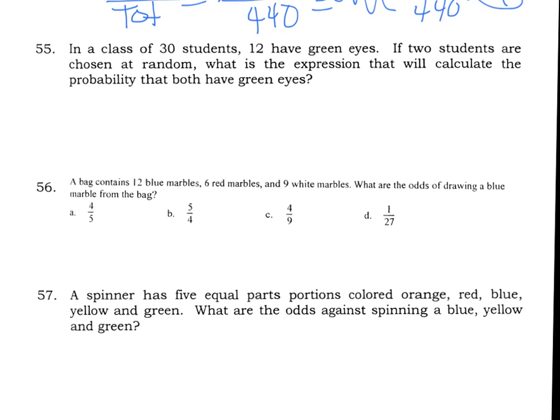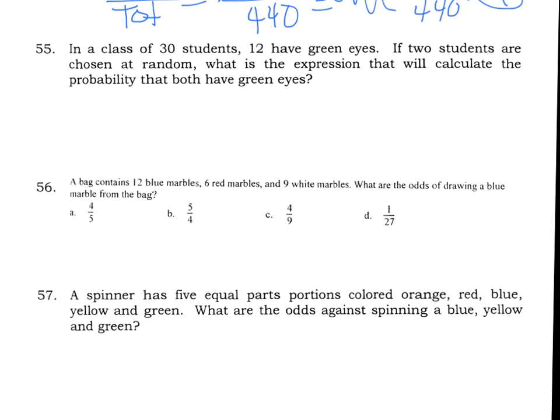All right, 55. In a class of 30 students, 12 have green eyes. If 2 students are chosen at random, what is the expression that will calculate the probability that both of them have green eyes? Well, if we're going to do this, it's going to be choosing one of them and then choosing the next one.